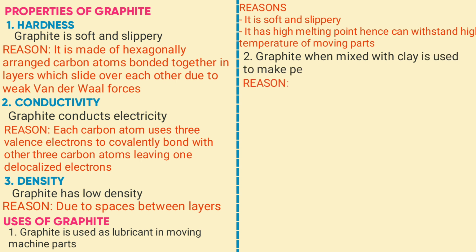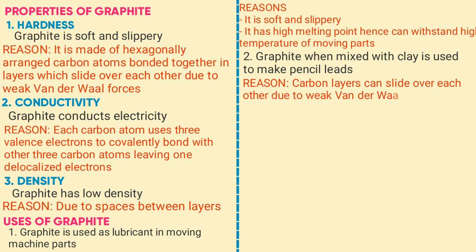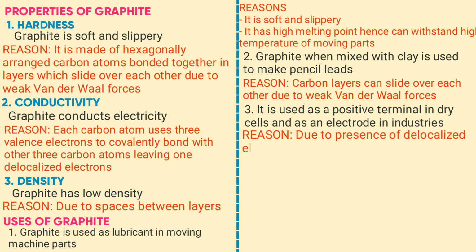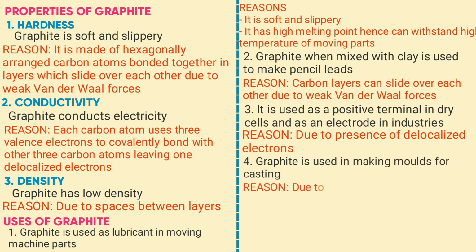Reason: the carbon layers can slide over each other due to weak van der Waals forces. 3. It is used as a positive electrode in dry cells and as electrodes in industries. Reason: due to presence of delocalized electrons. The last one is used in making molds for casting metals. Reason: due to high melting and boiling points.